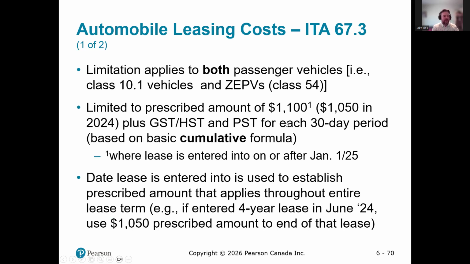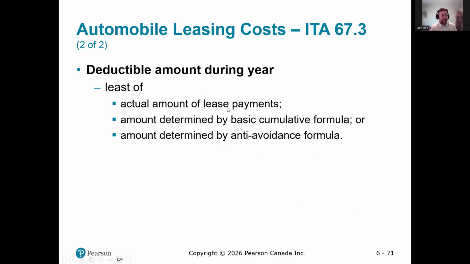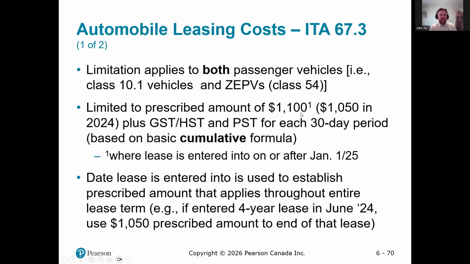The cumulative formula is using that monthly rate and seeing, okay, so if you're allowed $1,100 per month, how much have you pretty much paid so far? So if my actual amount of lease payments are $900, then this calculation is going to be smaller than the cumulative formula. The reason it uses the cumulative formula is basically just trying to convert lease payments to a monthly rate, because not all leases are monthly.